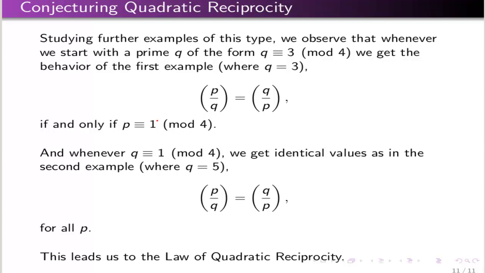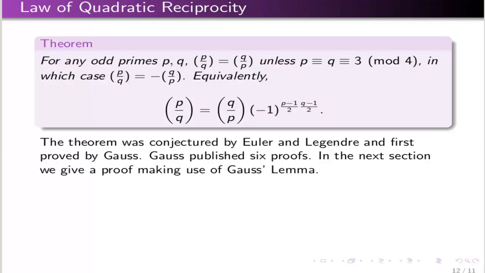And this leads us directly to the law of quadratic reciprocity. So it goes like this. For any odd primes p and q, p over q equals q over p unless both primes are congruent to 3 mod 4, in which case they have opposite signs.